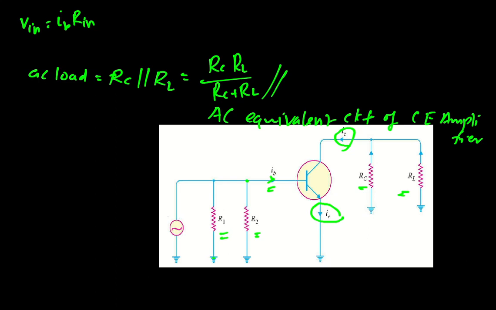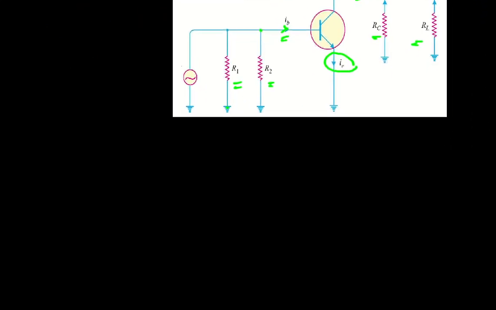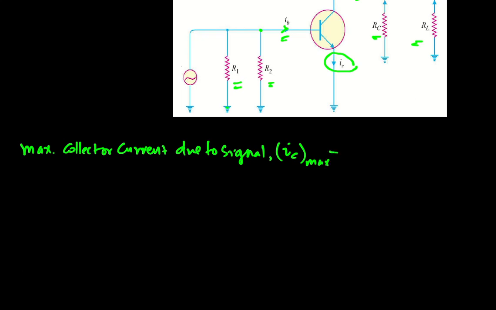Now the quantity we can obtain from here is, when the signal is applied, the maximum collector current due to signal. We represent it by small ic, and the maximum value of this is equal to IC for faithful amplification.